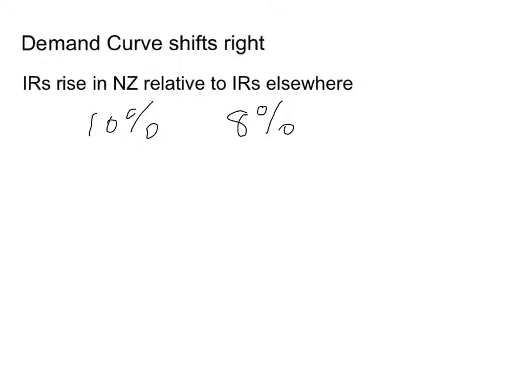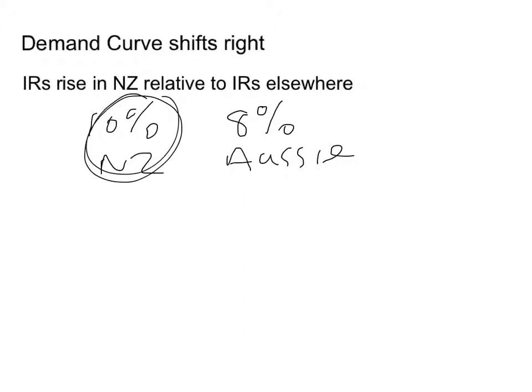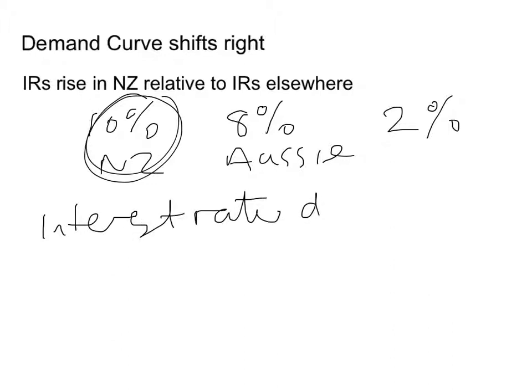All else being equal. I know where I'd put my money. I'd put my money in New Zealand because I'd be 2% better off. So what we're talking about is an interest rate differential. I'll write that, interest rate differential.